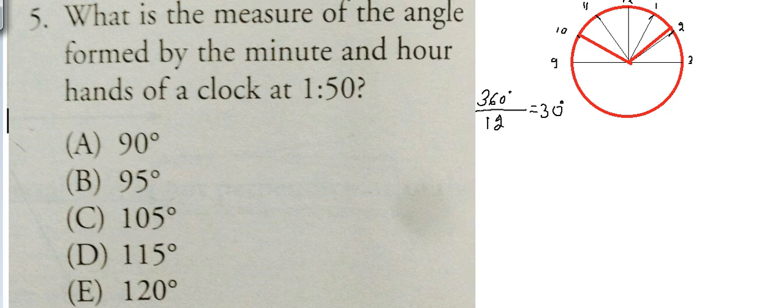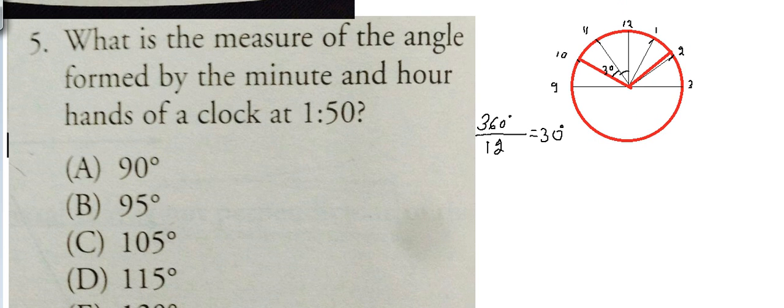So the angle from 10 to 11 is 30. The angle from 11 to 12 is also 30. The angle from 12 to 1 is also 30. The angle from 1 to 2 is 30. But we are not at 2, we are almost at 2, 10 minutes to 2.